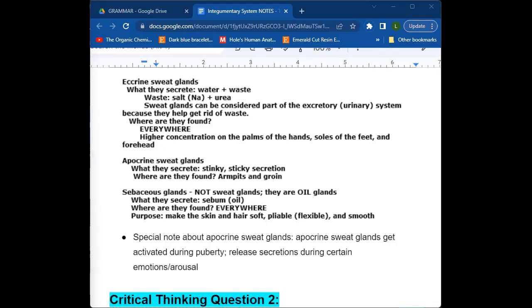This is why if someone's working out really intensely or is extremely hot, they're going to sweat pretty much anywhere and everywhere. But there are some places where the eccrine sweat glands are in higher concentrations: the palms of the hands, the soles of the feet, and the forehead.